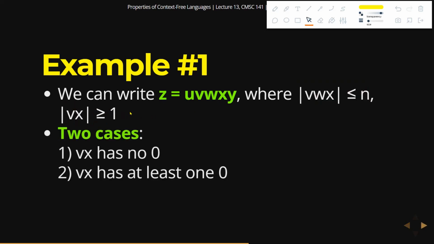Okay, so if z here, which was 0^n 1 0^n 1 0^n, could be divided into u v w x y, there are only two cases that could happen. We are interested in v and x because v and x are the ones that we will pump later with k.